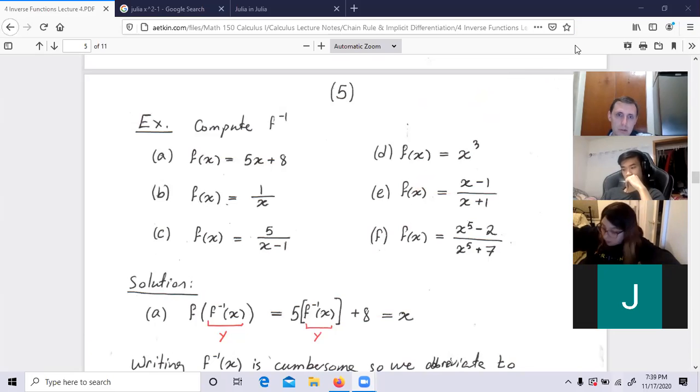Cube root of x, that's right. So solve e. Come on, guys, almost over. Solve e and f, and I guess unfortunately we'll call it a day.